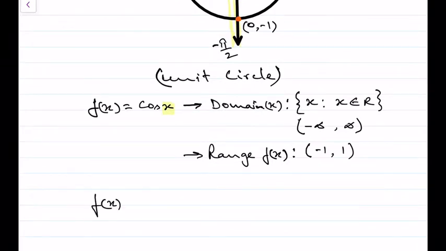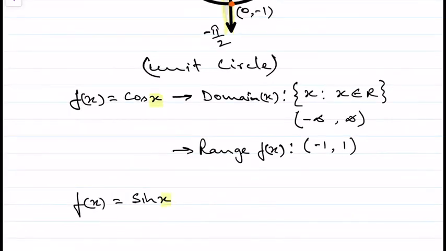Now for the function f(x) = sin x, x could be any real number. So the domain of this function will be from minus infinity to plus infinity.